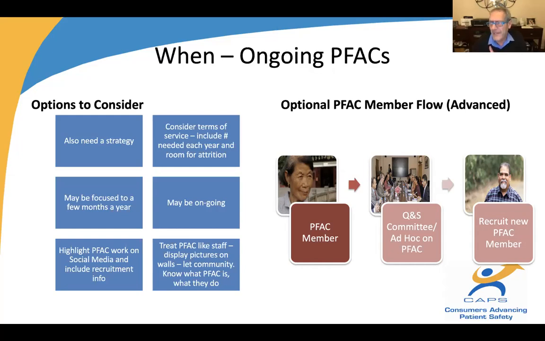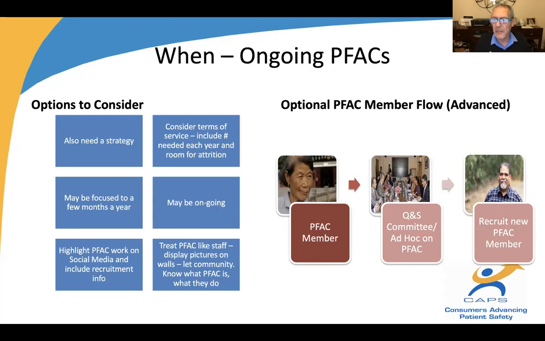I don't know if we have time, but we like to get these council members on committees, and that's how you grow your PFAC. You can't always have the same people, because what happens, as Lisa mentioned, you'll have them for a number of months, and then after that, if you don't constantly recruit, what do you do with them? So why lose somebody like a Lisa?